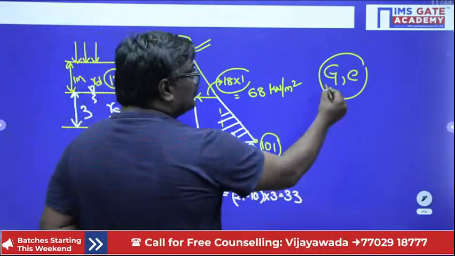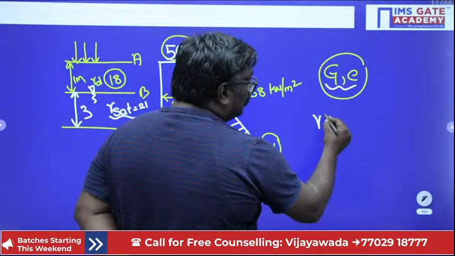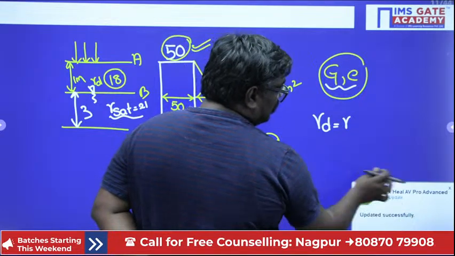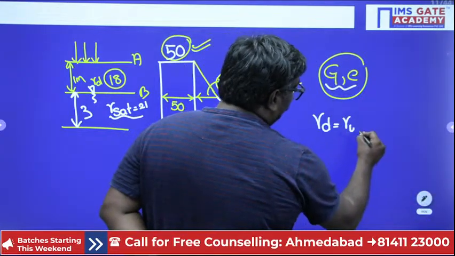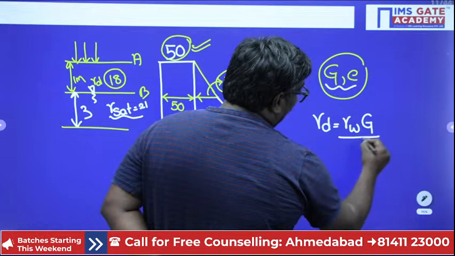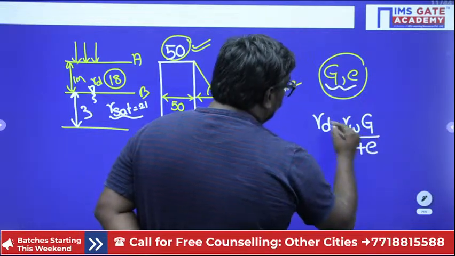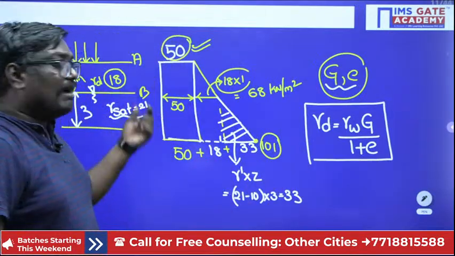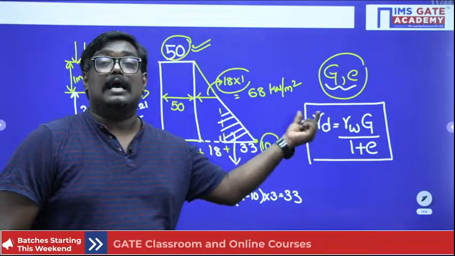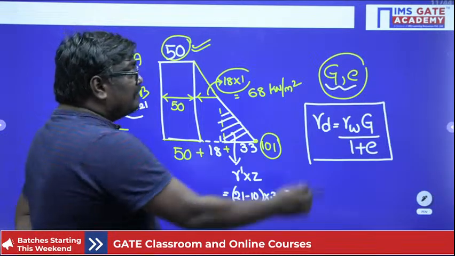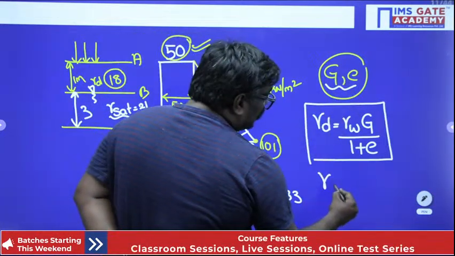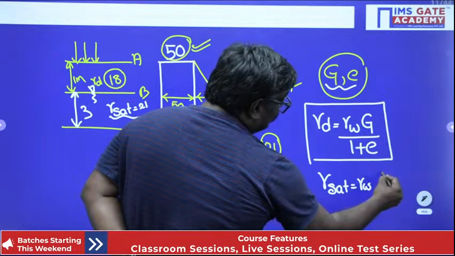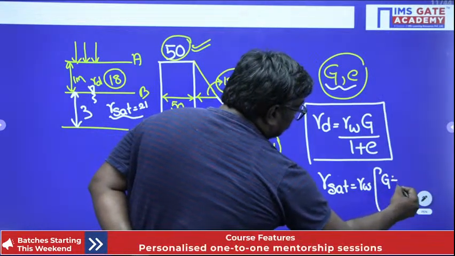So if they give you specific gravity and void ratio, you should know the dry unit weight is given by the formula gamma W into G upon 1 plus e. Using this formula, you can calculate the dry unit weight. And if they have given you G and e, you can also calculate gamma sat, that is gamma W into G plus e upon 1 plus e.